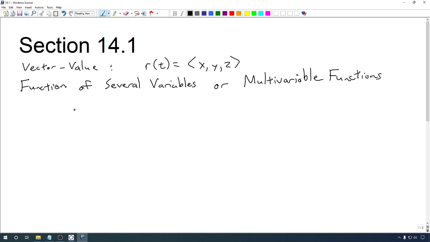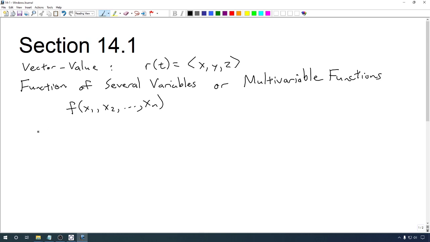And this could look something like f of x1, x2, to some xn, depending on how many variables we're plugging into the function. And the result of this will just be a single number that we'll get out.